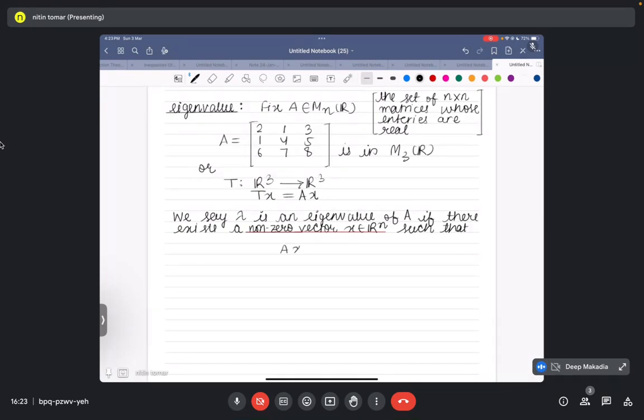Now this definition is complete. That x has to be non-zero. Why? Because otherwise every number would work, because A times 0 will be any lambda times 0. Am I correct? So then every number will be an eigenvalue of A. That will be an absurd case. So x should not be 0.